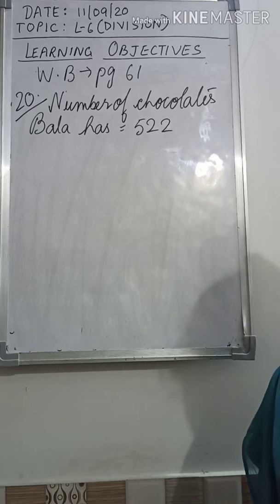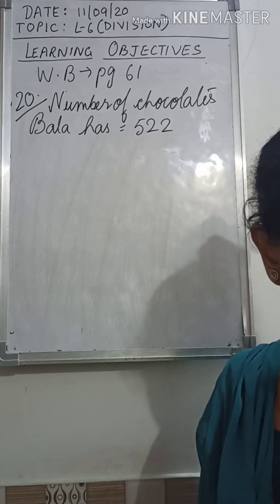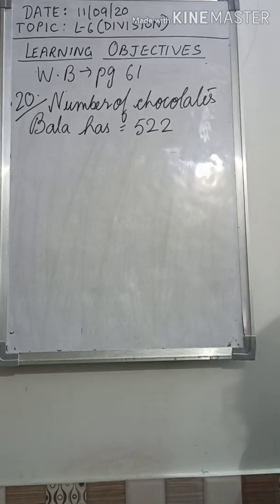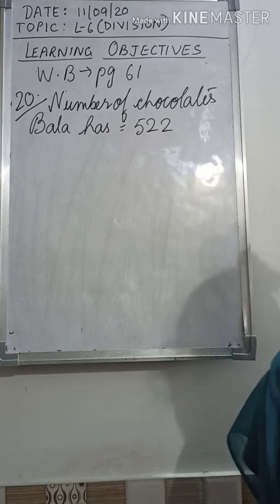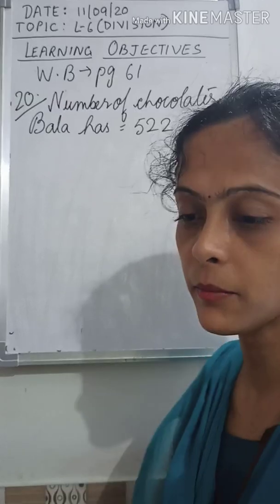So now we are going to check the divisibility by 2. So what do you think, is it divisible by 2 or not? Yes, it's divisible by 2 because the last digit is 2. It's an even number.